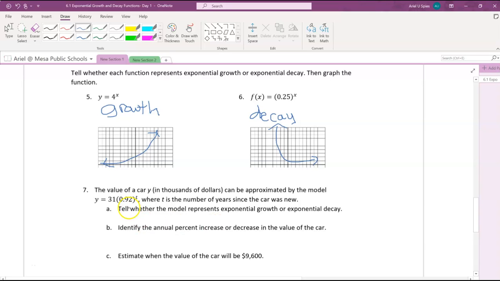Okay, number 7 gives us a car value model. It says y equals 31 times 0.92^t, where t is the number of years since the car was new. Is this growth or decay? Decay.